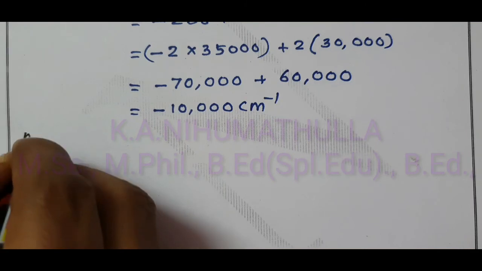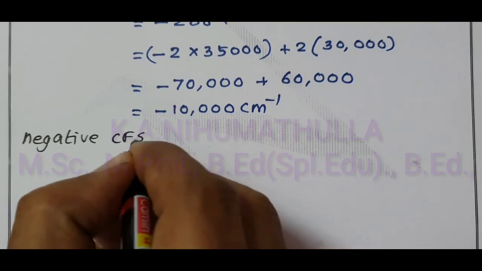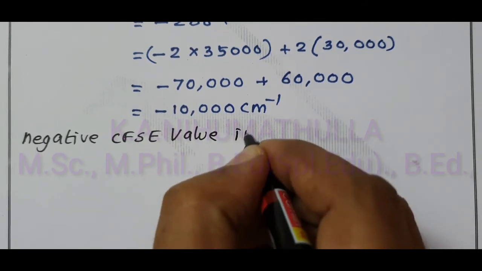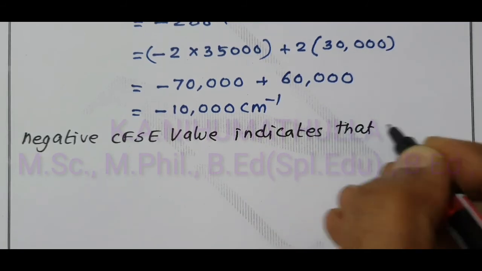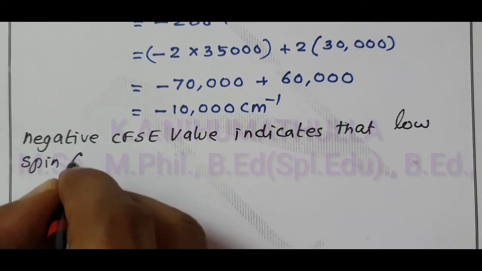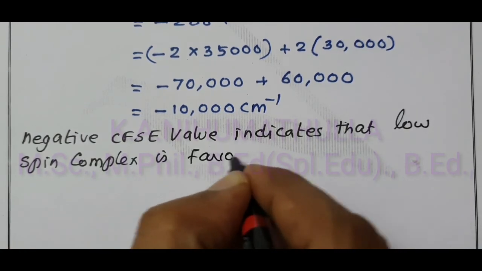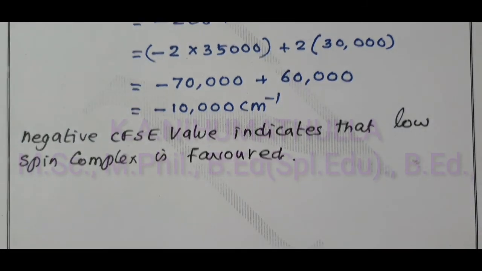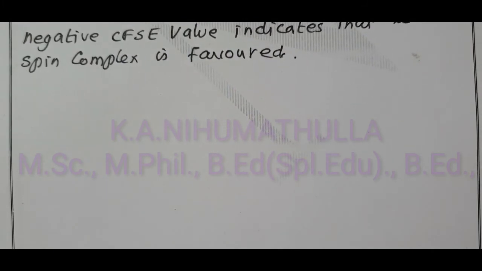So, the negative CFSE value, that is minus 10,000, indicates that the low spin complex is favorable, or favored. So now we come to the conclusion that the low spin complex is stable.